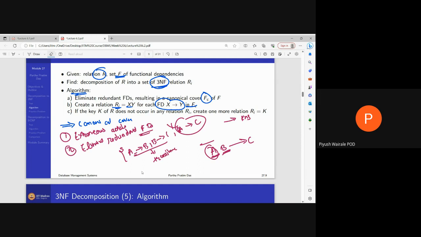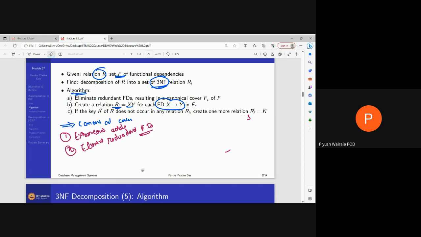So once you remove extraneous attributes and redundant functional dependencies, you will get a canonical cover. Once you get a canonical cover, you can simply create a relation Ri for each functional dependency like this, and make it a relation R. If a key k of R does not occur in any of the relations, create one more relation Ri equal to k.